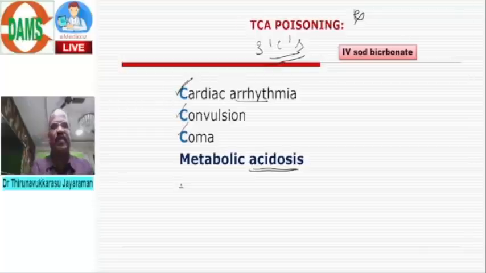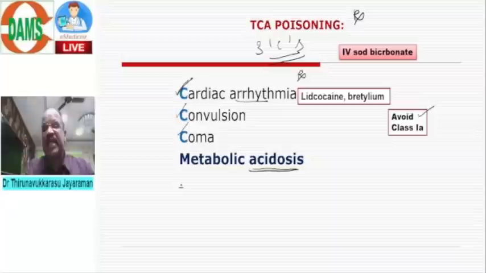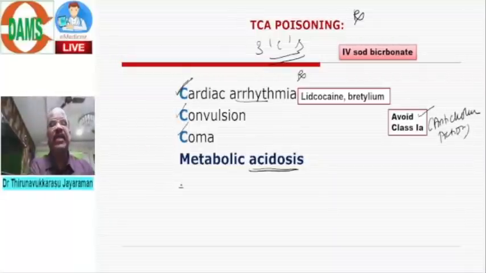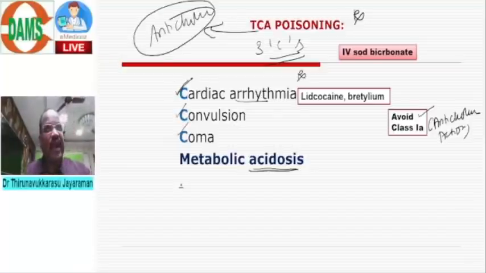For example, if there is arrhythmia, use an anti-arrhythmic like lignocaine. But avoid class 1A drugs, because class 1A drugs have anticholinergic action, and TCAs also have anticholinergic action. So for treating arrhythmia due to TCA poisoning, don't use class 1A drugs.